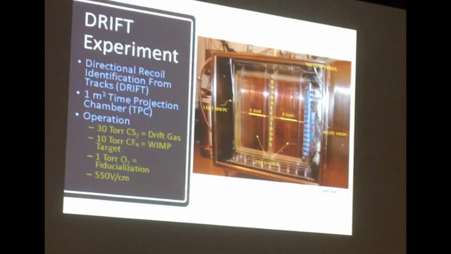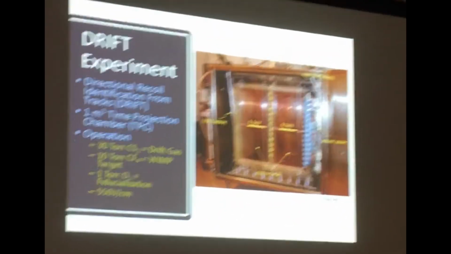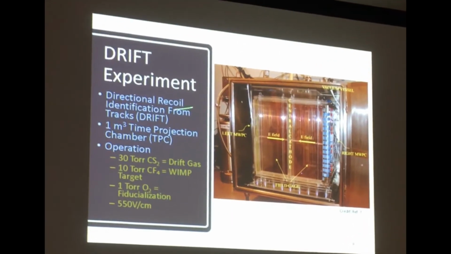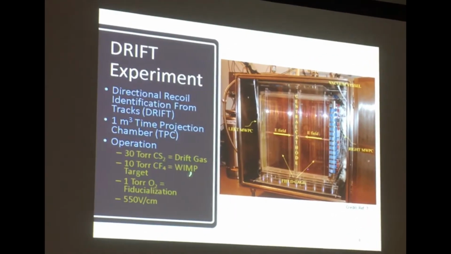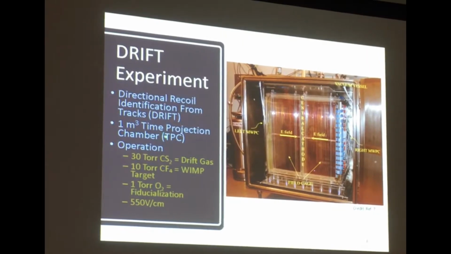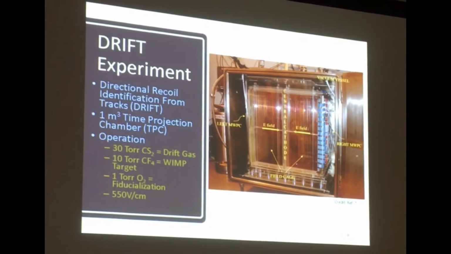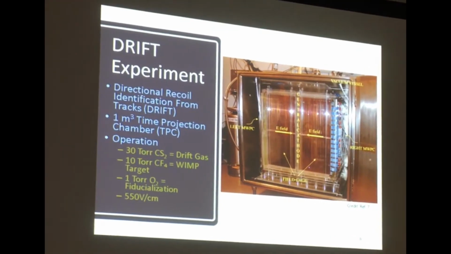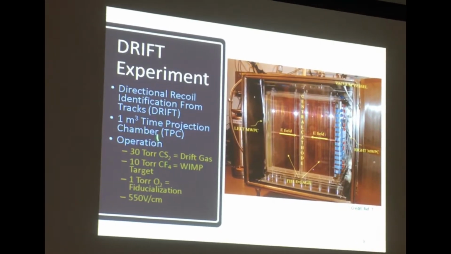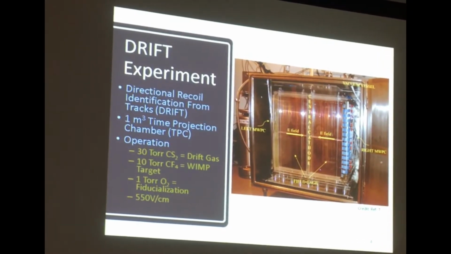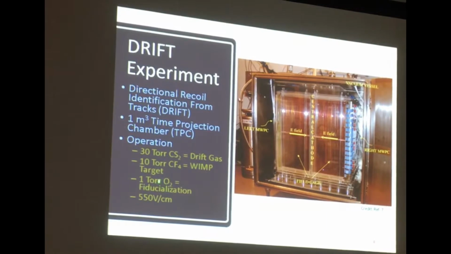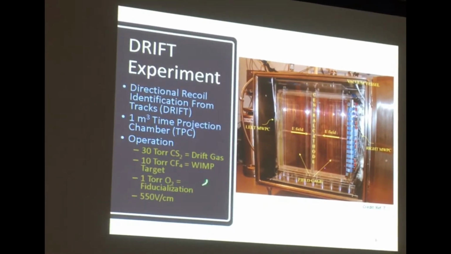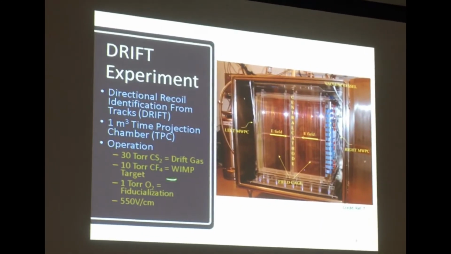And I'll talk about the leading directional experiment, the DRIFT experiment. It is a 1 cubic meter time projection chamber, and I'll describe what that means in a second. It's operated with a gas mixture with three different components, and I'll describe the importance of each one.